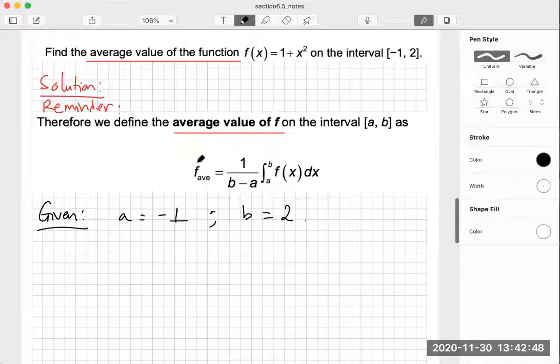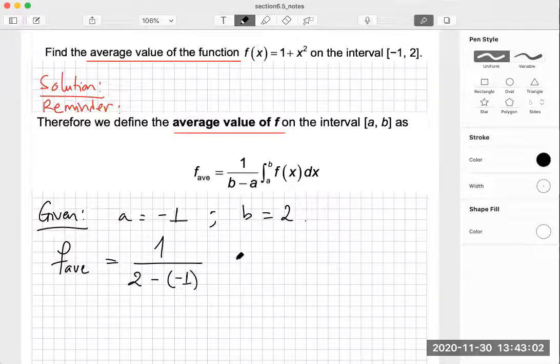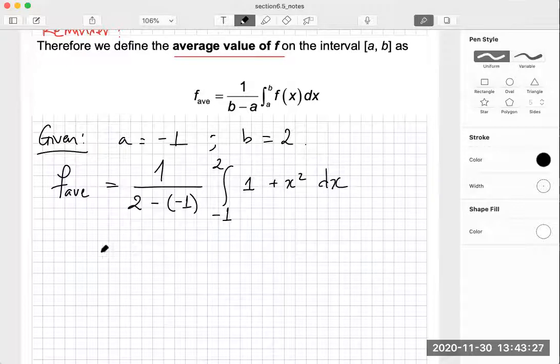From this formula, f average will be 1 divided by b minus a, which is 2 minus -1 here, times the integral from a to b, which is -1 to 2, of f of x dx, which is 1 plus x squared dx. Now our job is to compute this integral.